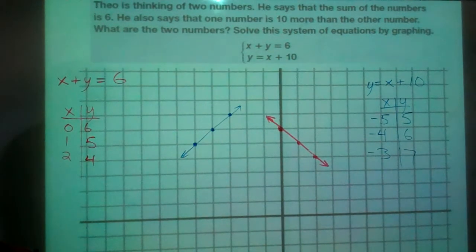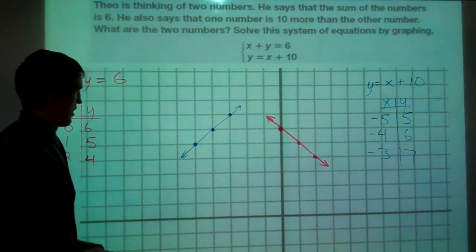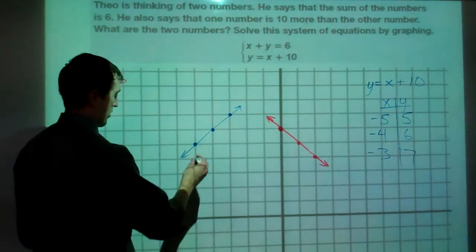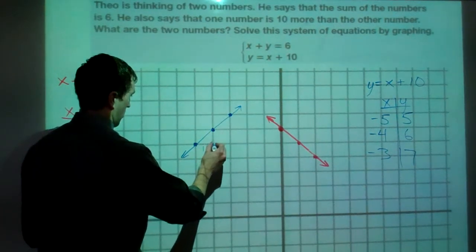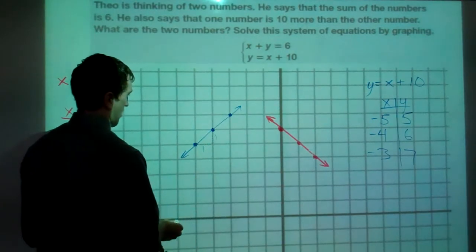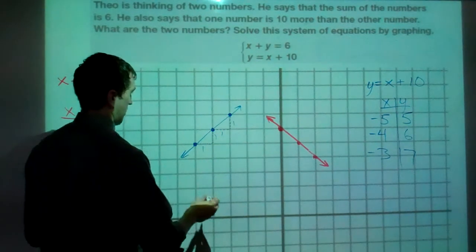Okay? So one good thing to do at this point is to take a look at each one's slope. For instance, between this point and this point, it's over 1, up 1. This one is over 1, up 1. And that's going to continue, okay?